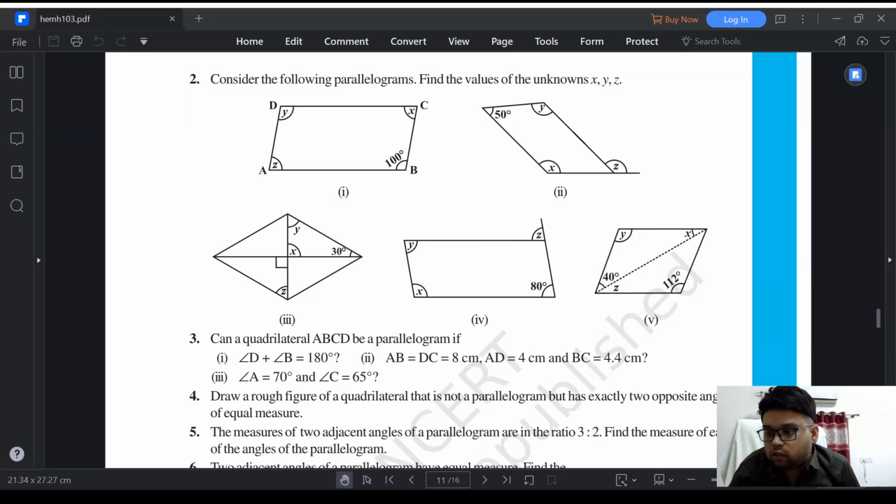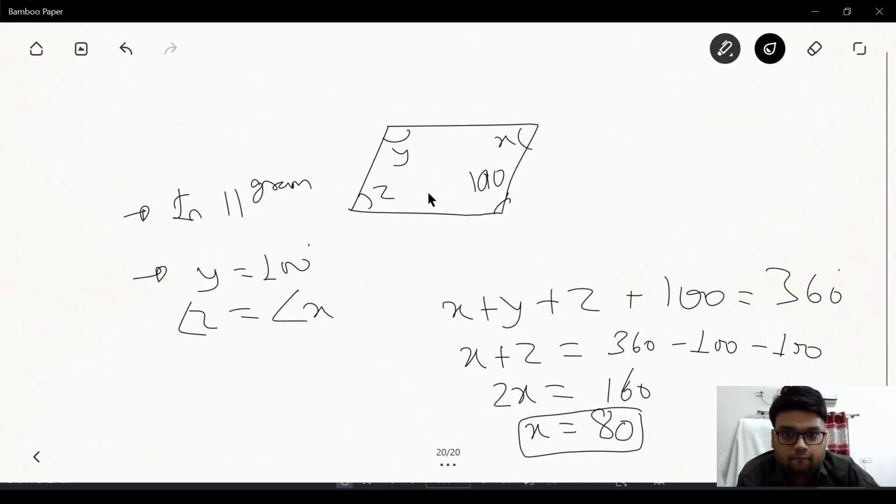Now next question. What they have given here. Oh, sorry. Look here, I am giving you the diagrammatic format of this particular question. x, y, z. Here in the parallelogram, y is equal to 100 degrees.